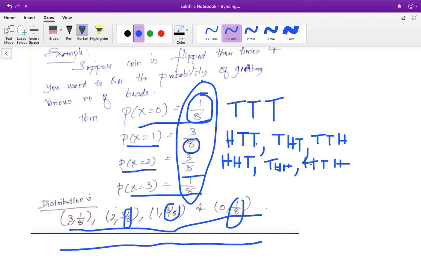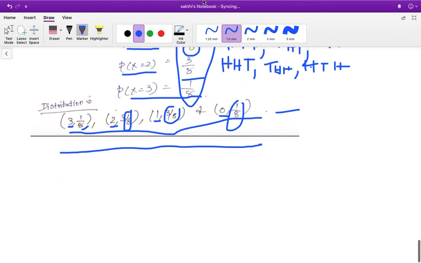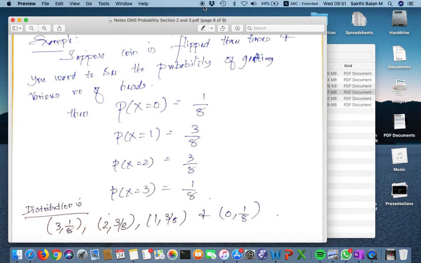The first coordinate is the outcome, that is 3 heads, 2 heads, 1 head, or 0 heads, and the second coordinate is the probability of that. This is called the distribution of a random variable. I hope you have understood what a random variable and the distribution of a random variable are.